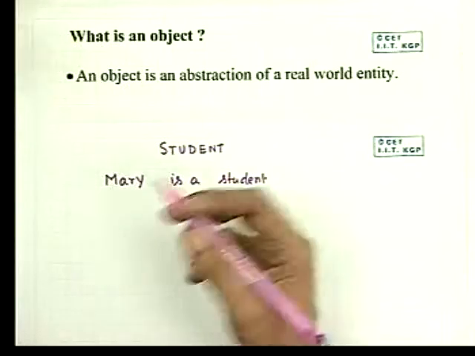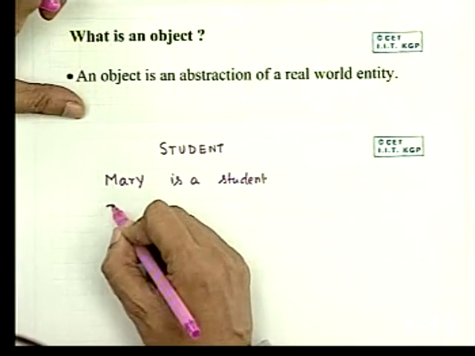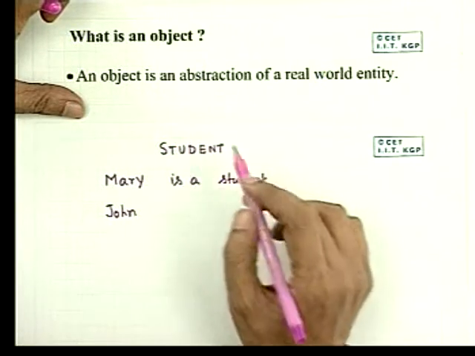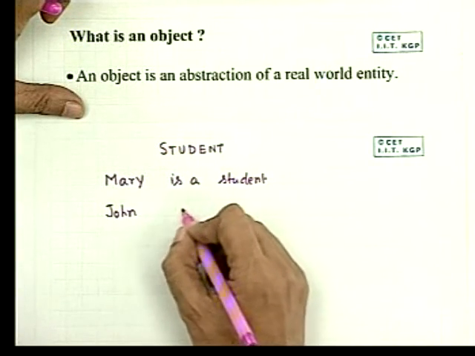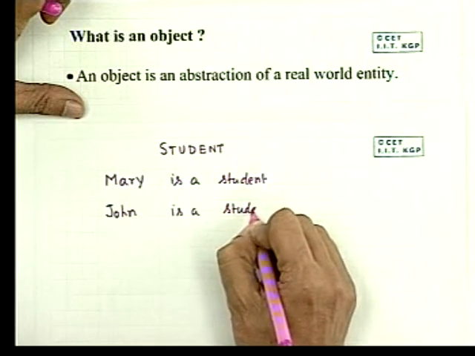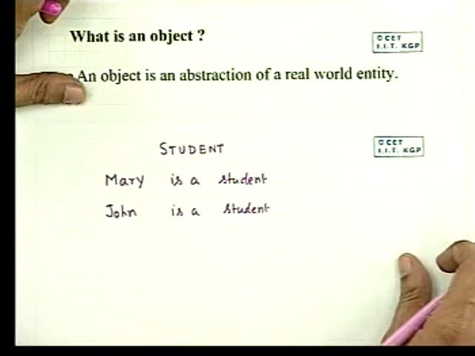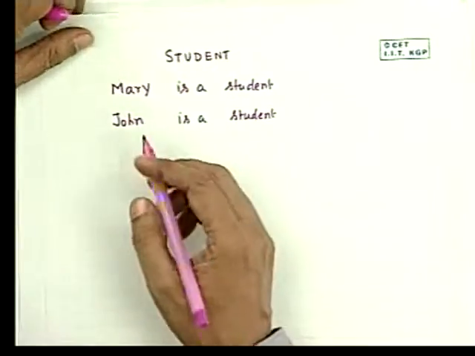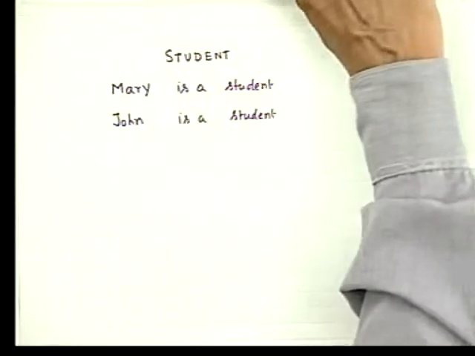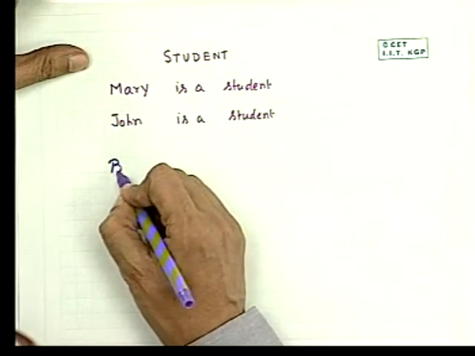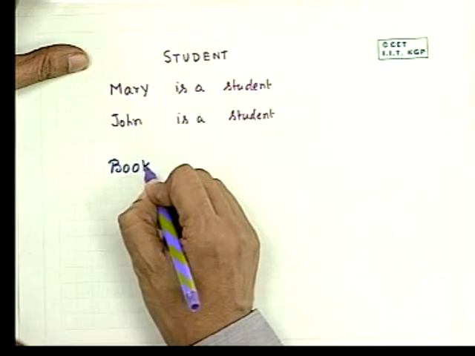Similarly, we can have several students. We can have John also as a student. We can have other students also in the class. If we look at the real world entity of books, there are several books, and we can treat each book as an object.